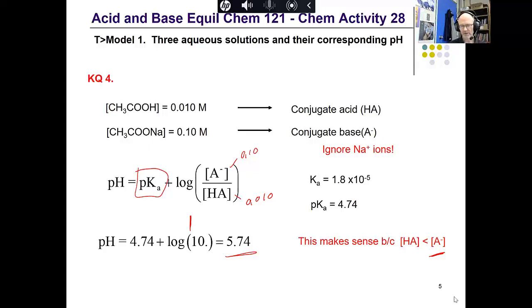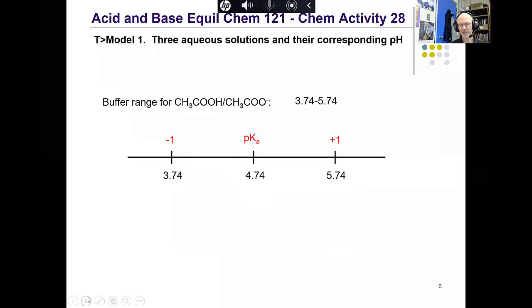3.74. So I'm now looking at the key question number 5. What is the pH range? Well, through this calculation, we're starting to see that this is the pH range. pH equals the pKa at 4.74.